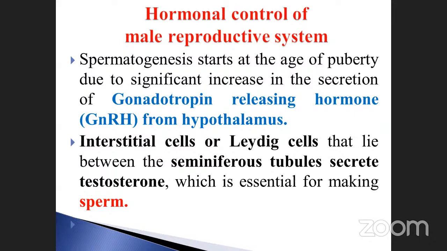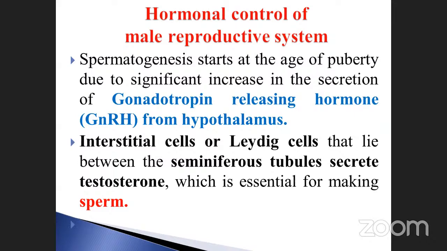Spermatogenesis starts at the age of puberty. Puberty, I already told you, male and female have respective ages. When we are studying 7th to 9th, it's the teenage age group. Puberty comes due to a significant increase in the secretion of gonadotropin releasing hormone from the hypothalamus. This is very, very important.